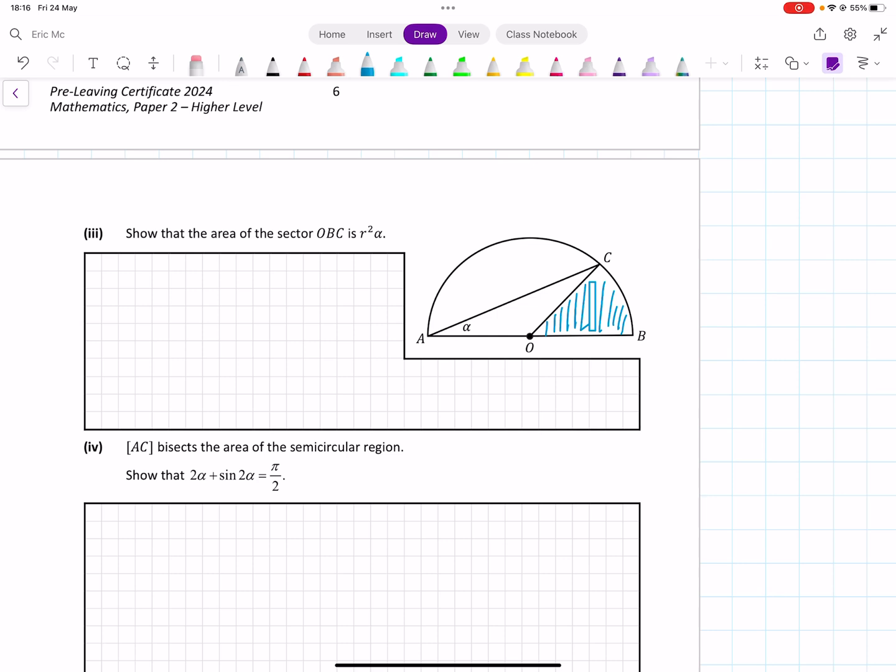I'll just take the area of a sector formula and put it here. Okay, so there's the area of a sector.